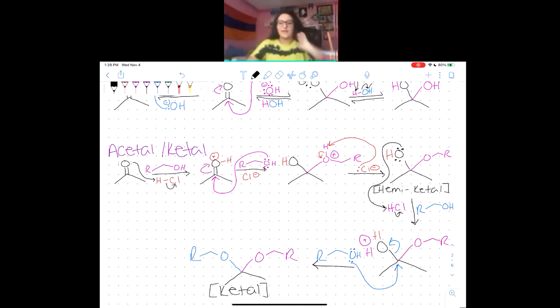And before you guys panic or ask, no, you do not have to know this entire reaction mechanism. So all you have to know is that in an acid catalyst, you will go all the way to a ketol. If you have no catalyst or a base catalyst, you will stop at the hemi-ketol.